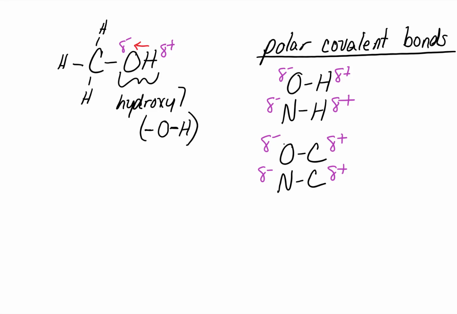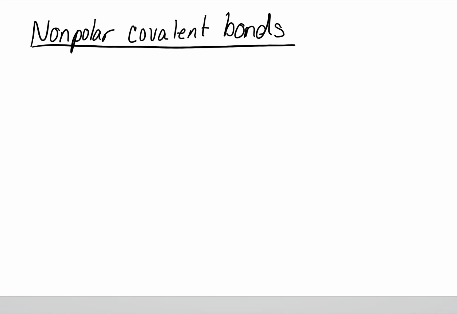Now, so far we've focused on polar covalent bonds, but what atoms would make up a nonpolar covalent bond? Well, anytime an atom is bound to itself, two of the same atoms sharing electrons in a covalent bond, that is going to be a nonpolar covalent bond because both atoms have the same electronegativity.